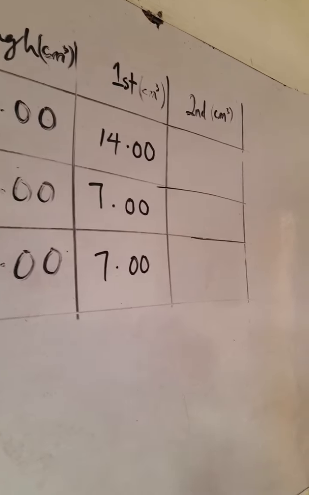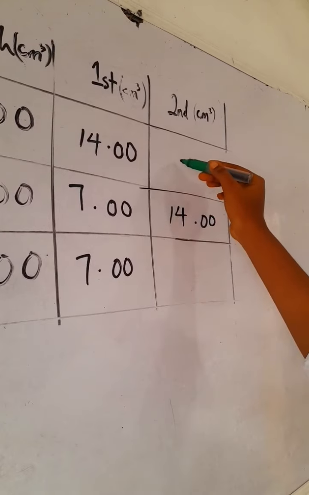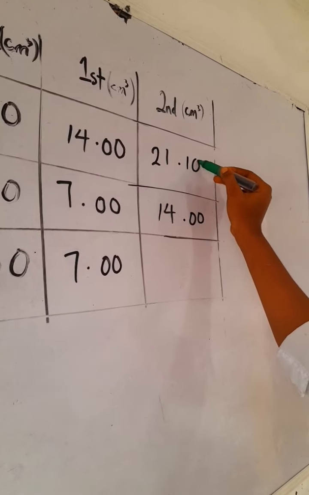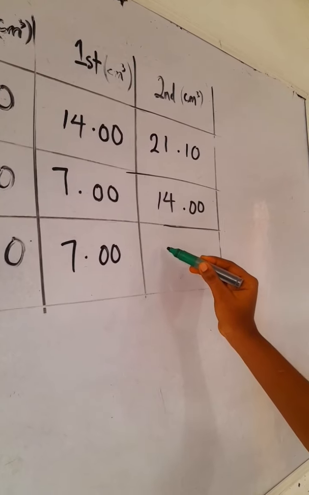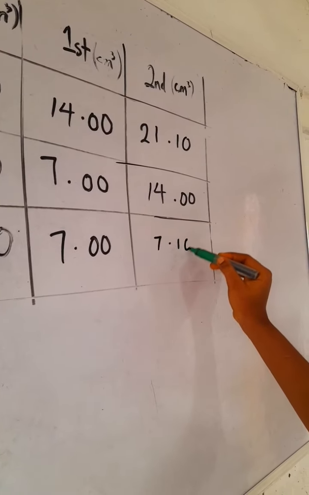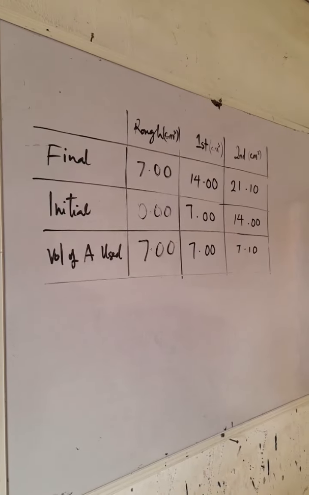So remember, our initial is 14.00. That's where we ended the other one, and our final now is 21.10. So that means we've used 7.10 this time.